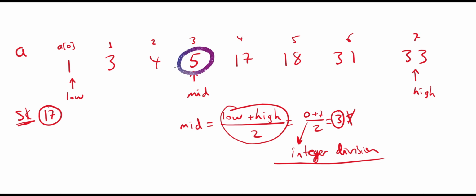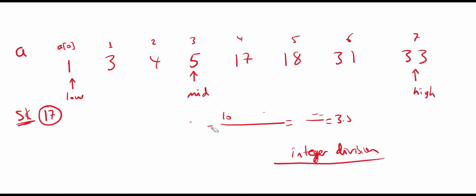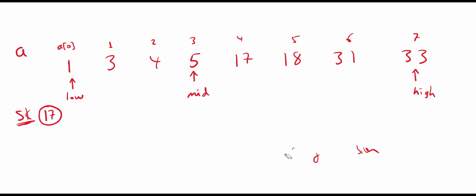Anyway, if mid is 3, then in the first step, I'm checking if the search key is equal to the mid element. Is 17 equal to 5? True or false? It's not equal to 5.